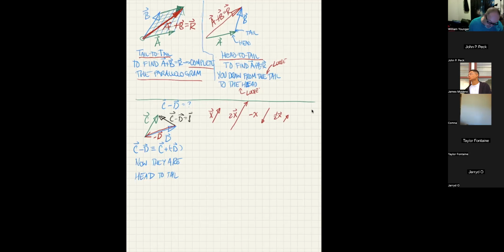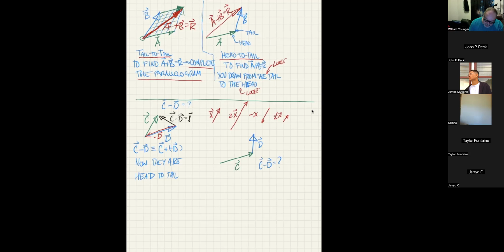And just for the record, I'll do this quickly because we're right at time. So I'm going to draw a green vector that is like this and call that vector C. And then I'm going to draw a blue vector like this and call it vector D. And now I'm going to calculate C minus D equals question mark.